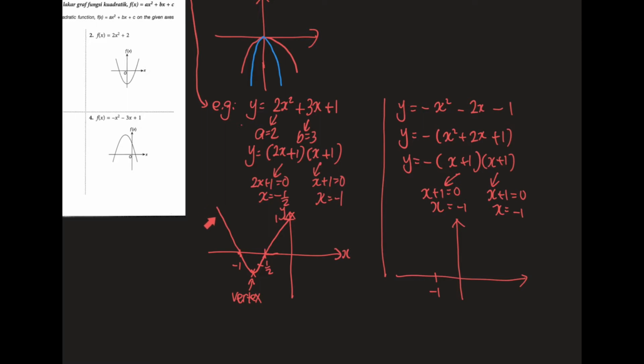The graph crosses the x-axis and then goes. Okay, so if you have the same x-intercept, that means the graph will touch and go. Touch at negative 1 and then go away. Never cross.